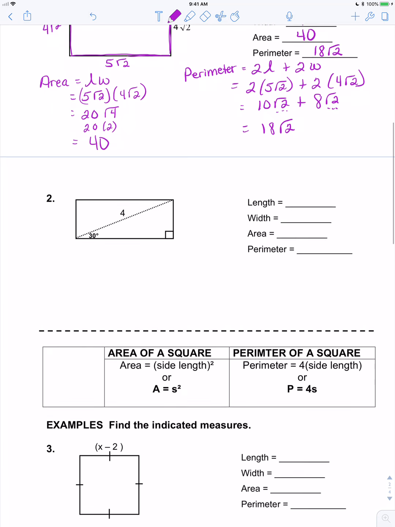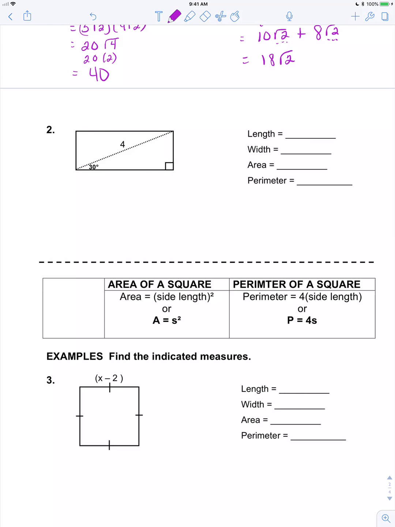Okay, let's do a couple more. Now on this one, you can do a couple of things. First, the way that we're going to do it, hopefully we remember our rules about 30, 60, 90 triangles and 45, 45, 90 triangles.